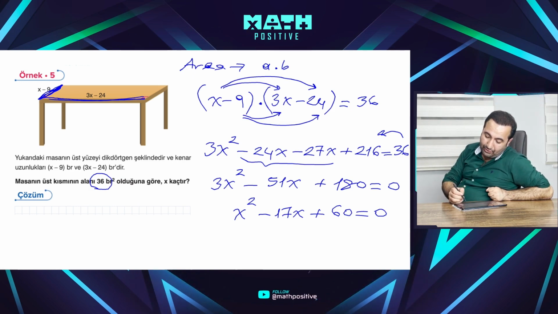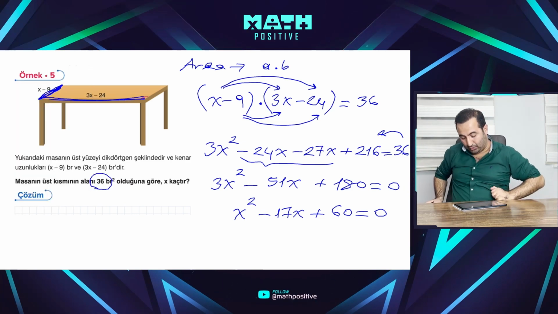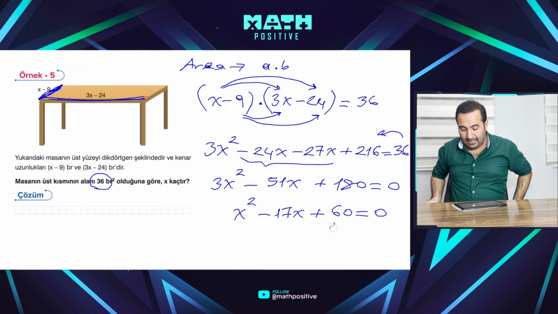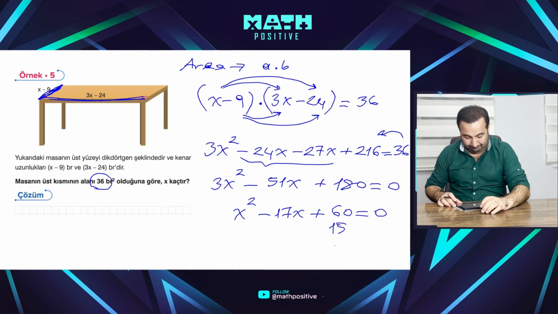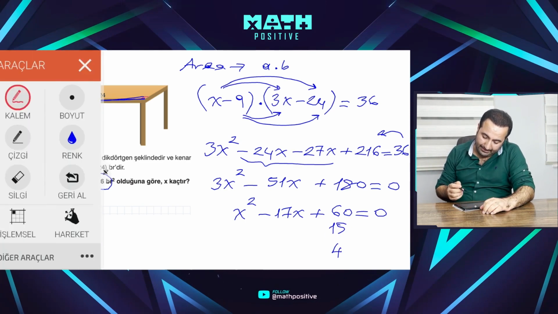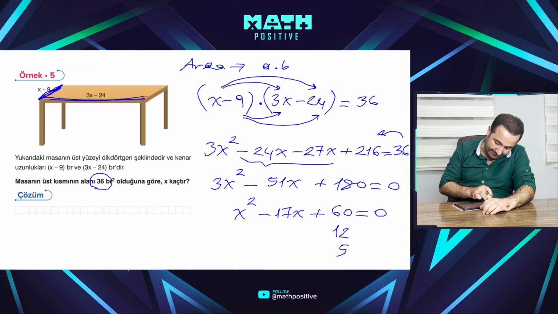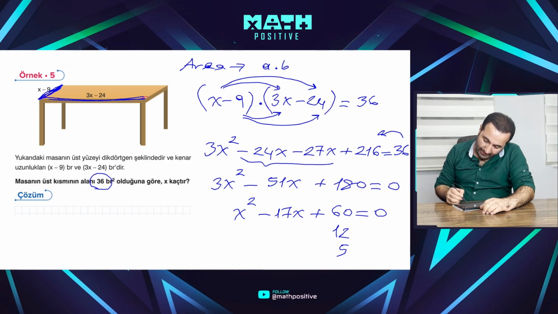Let's find two numbers whose product equals 60 and whose sum equals minus 17. These numbers can be 15 and 4. No, this is not the case. Maybe 12 and 5.